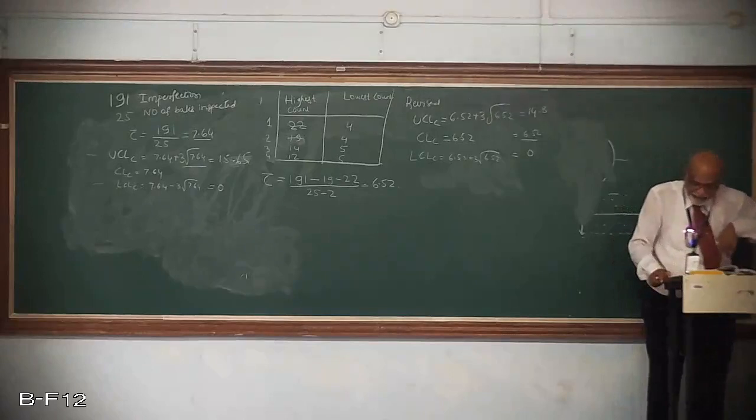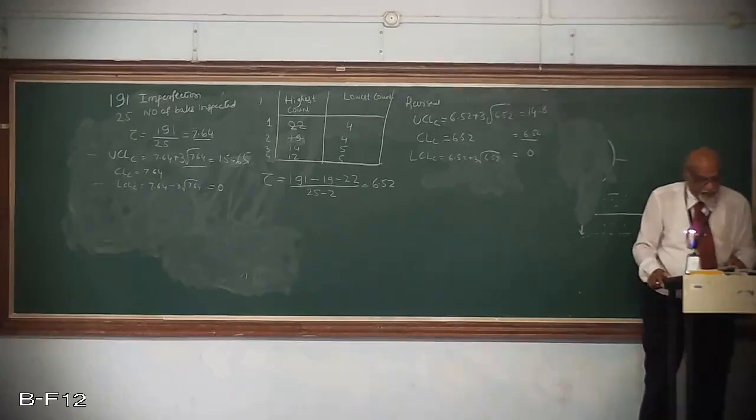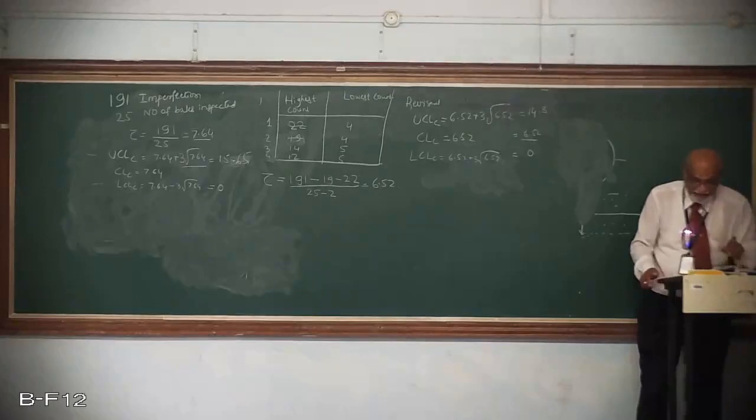From the inspection, it has been found that the average number of defects per sheet is 9.